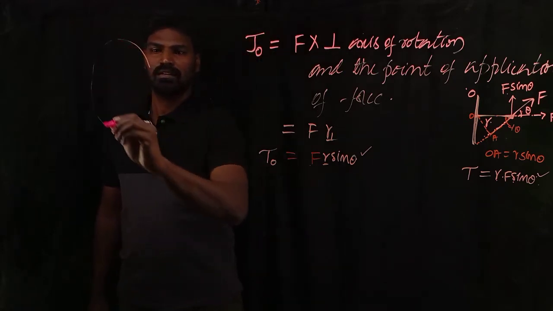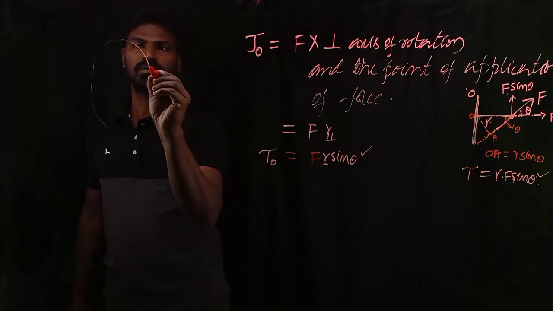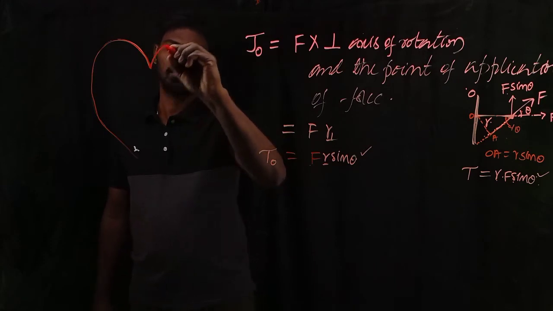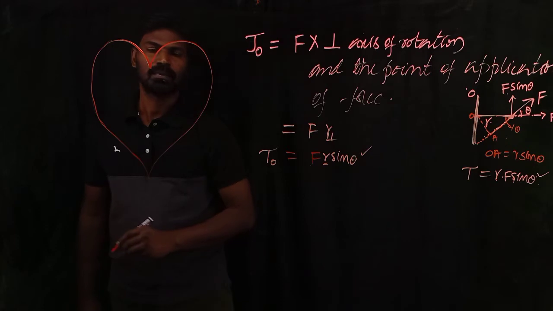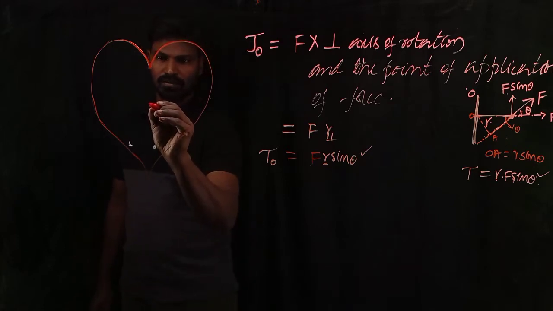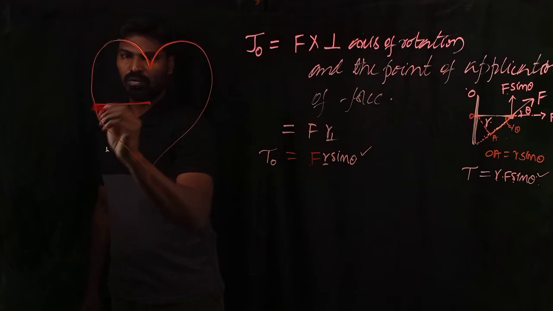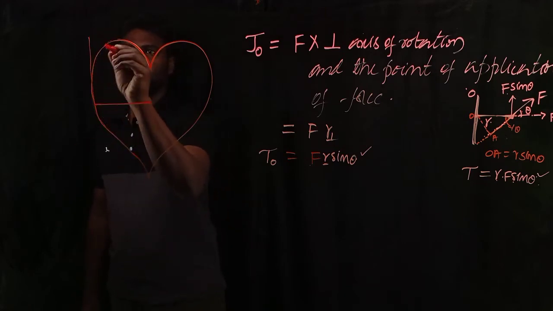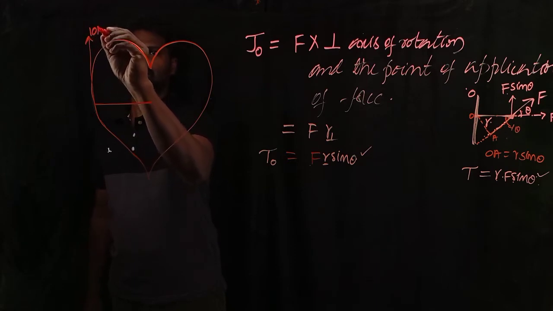there is an arbitrary shaped object, heart shape. I am taking an arbitrary irregular shaped body like this. This is the center of this body. At this point, a force is acting in this direction. Its magnitude I am taking as 10 newtons.